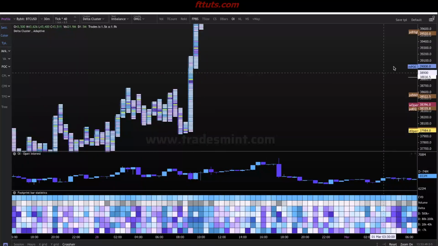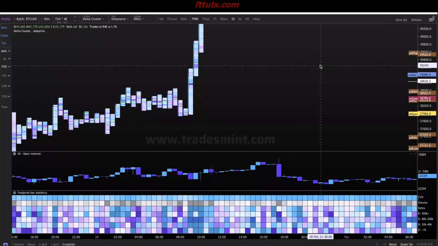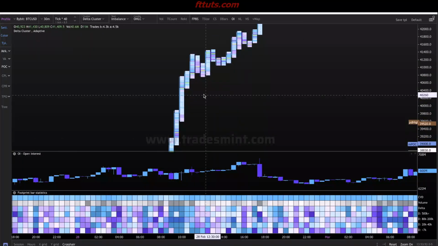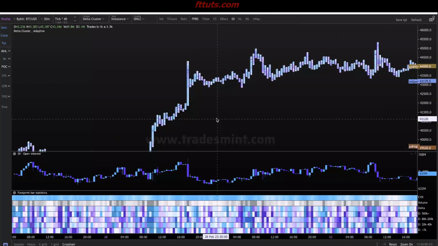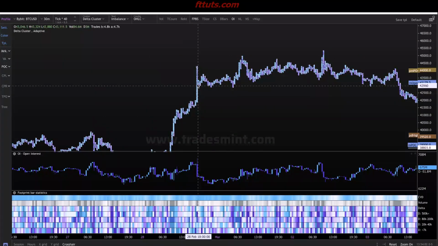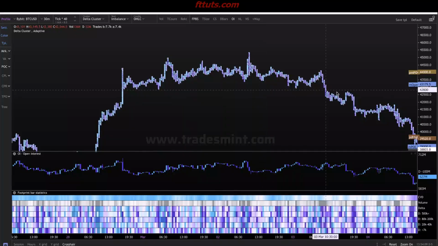The volume continues to get higher in these candles, and open interest is still increasing as we make our way up the uptrend, okay? Until something happens, which is we have a massive decrease in open interest, and then you can see we start to range for a while until we eventually break down, okay?